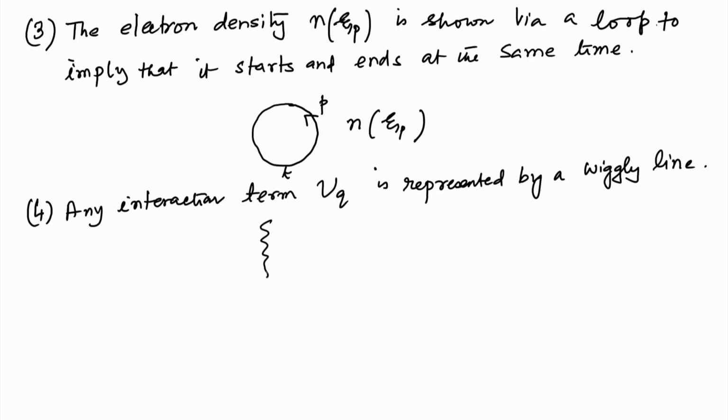So, such as this. It may carry a momentum q. So, this is the V of q, V is a function of q. It could have an energy information, which means that it will be V q omega.